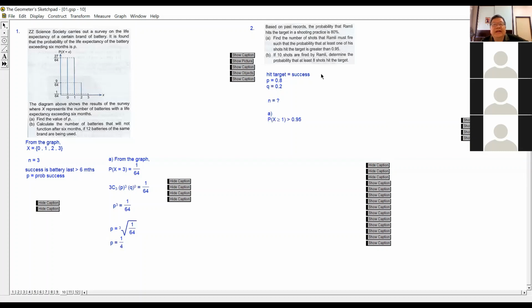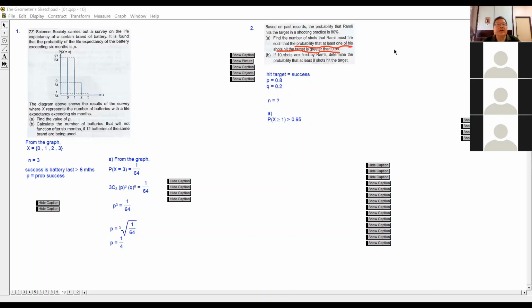What does this sentence here say, right? The probability that at least one of his shots hits the target is greater than 0.95. What does this mean? It means that the probability of x greater or equal to 1, that means at least one time hit the target, is greater than 0.95.